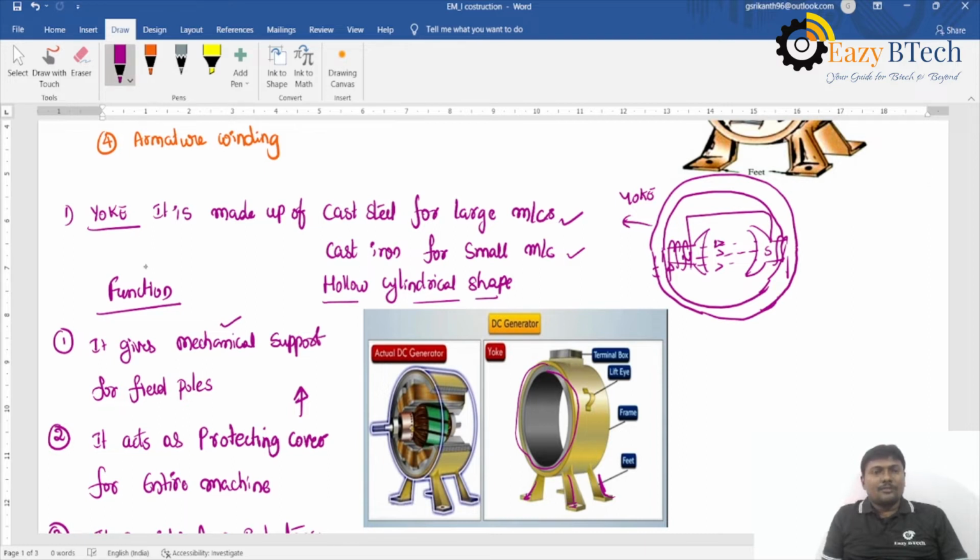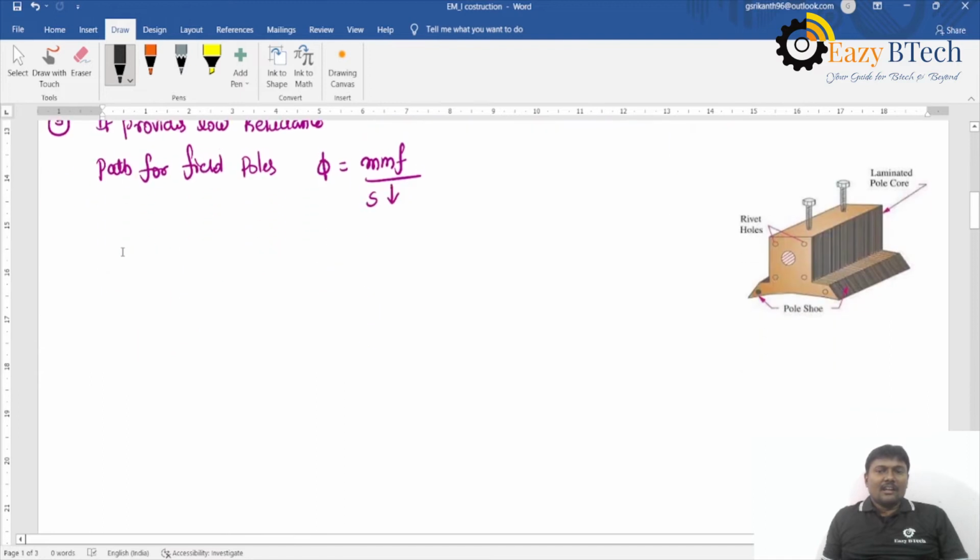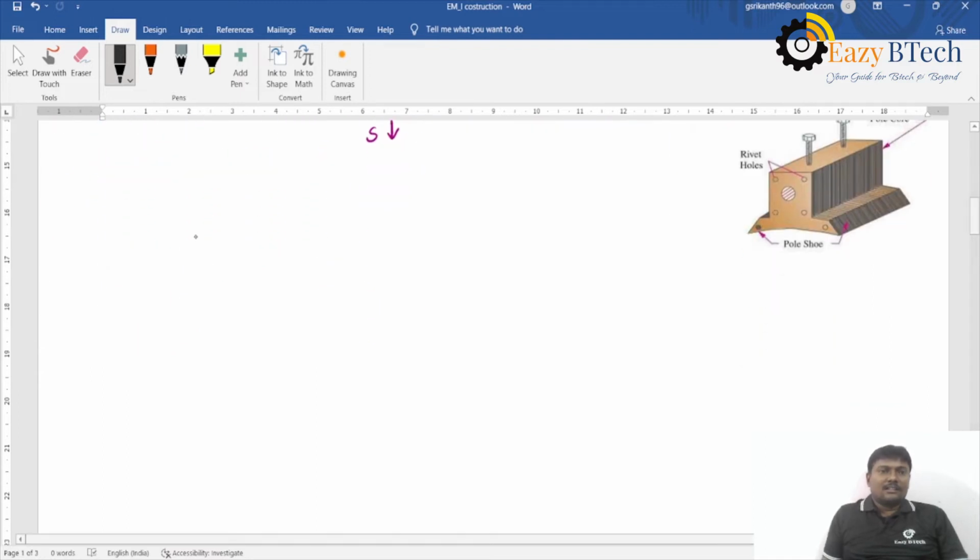Externally, the flux lines flow from north pole to south pole. Internally, the flux lines flow from south pole to north pole to complete the path. It should consist of a low reluctance path, then only the maximum number of flux lines pass through this yoke.